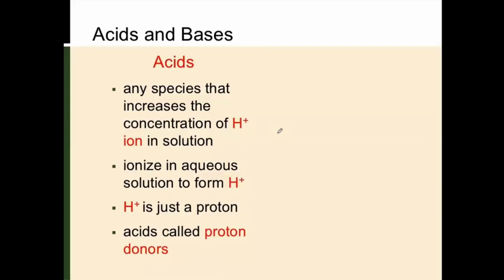So acids are any species that increases the concentration of H+ ion in solution, ionize in aqueous solution to form H+. H+ is just a proton, and acids are called proton donors because they donate their protons to the solution. The example that we normally have is HCl.